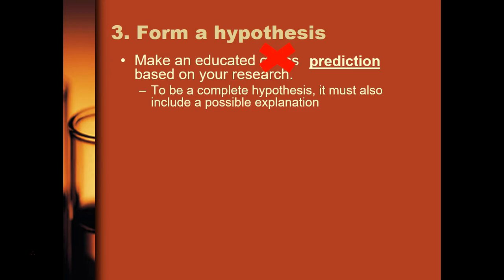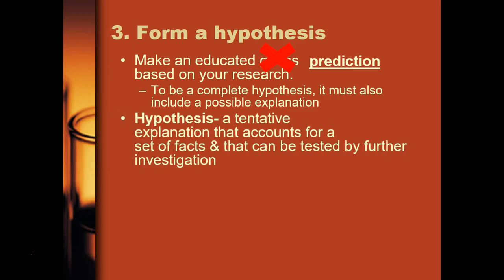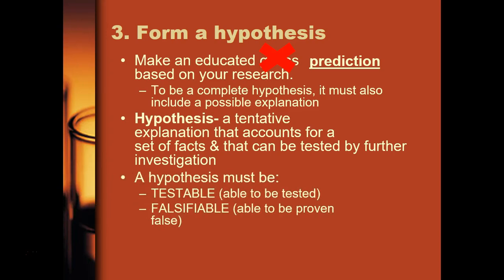You've done that extra research or those additional observations. So if we were to define what a hypothesis is, remember, we're not using guess anymore, prediction, but it's a tentative explanation. And that explanation is going to account for a set of facts that you've already researched back in step two that we can then test further using some sort of controlled experiment.